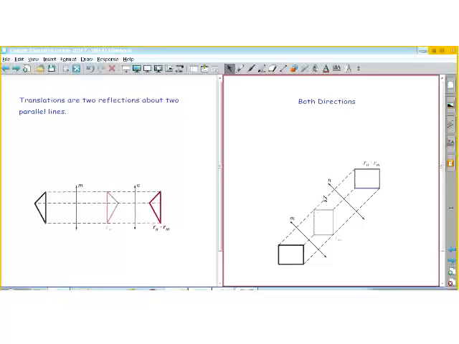So then I have another parallel line, so M and N are parallel, so I reflect again across this line. This point maps to that point, and this one goes there. And now you can see that they are in the same orientation as they were originally, but they have just been shifted.